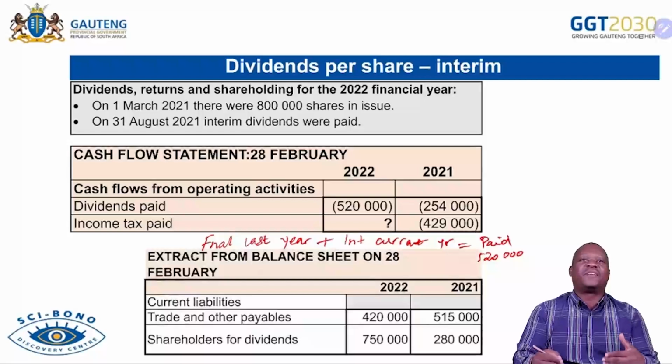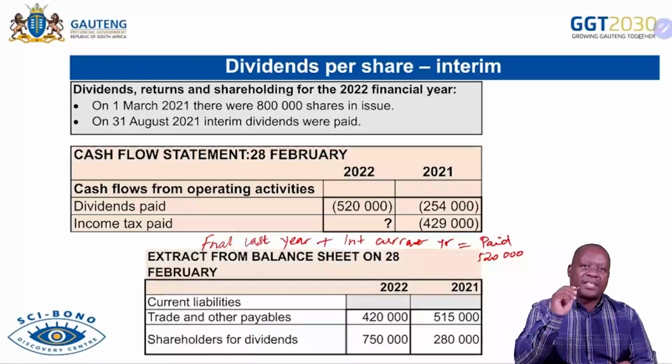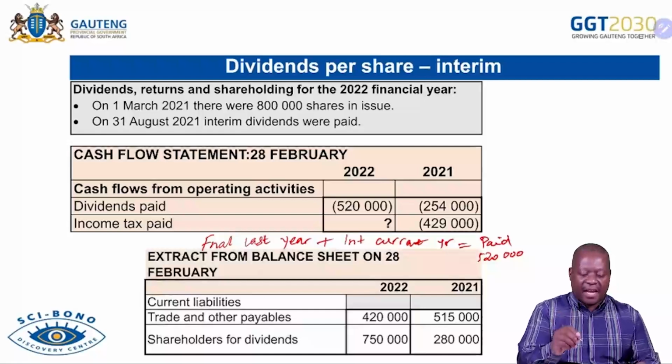And the final dividend in the current year is 750. But we are most interested in the final dividend of last year because it is going to help us find our interim dividend. How do we go about it?